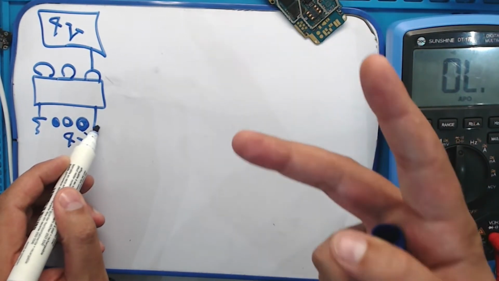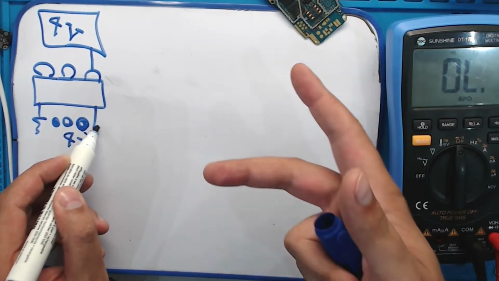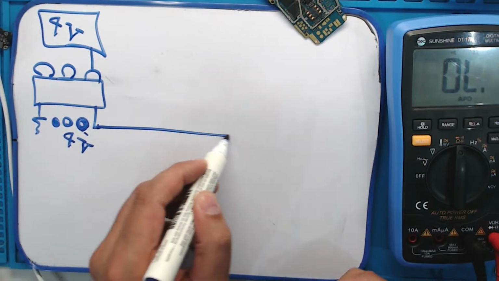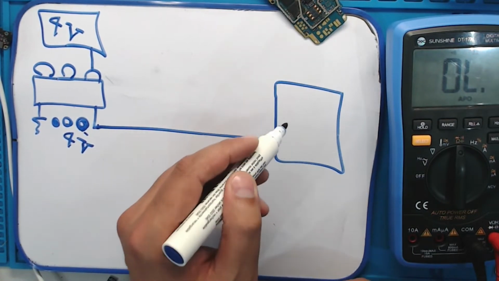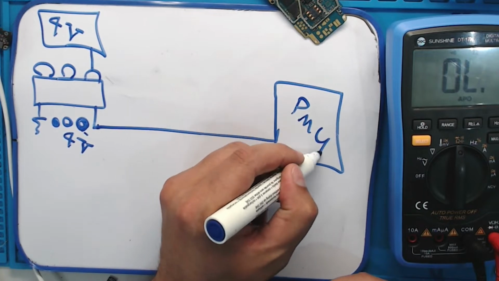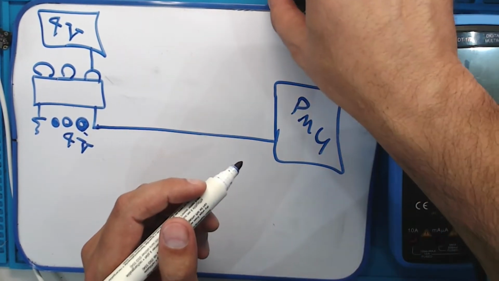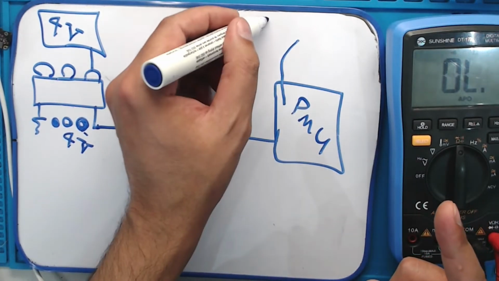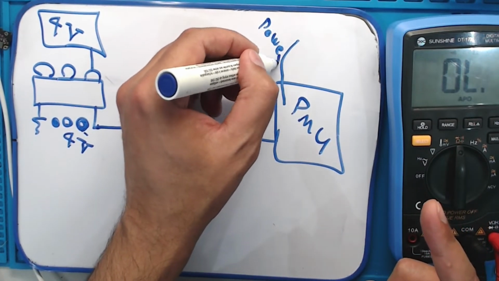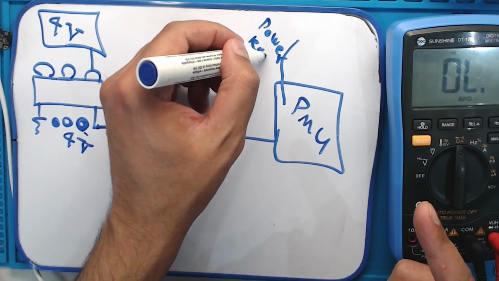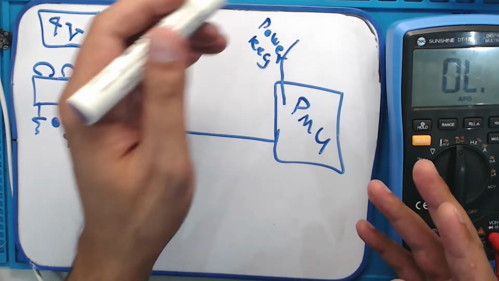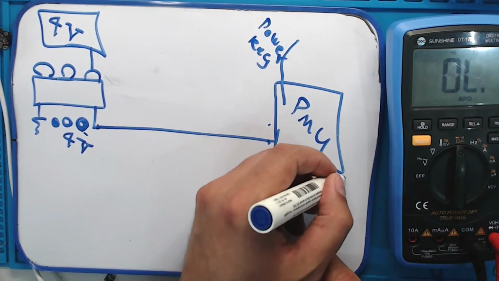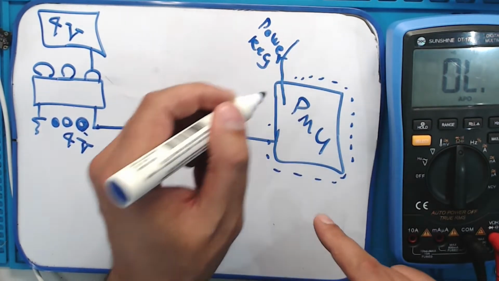Now we have two types of public voltage. The first one, the voltage comes directly to the PMU, and the PMU delivers one voltage to the power key. This is the power key. The power key has a different voltage, but around the power management unit there are a lot of capacitors, inductors, and resistors.